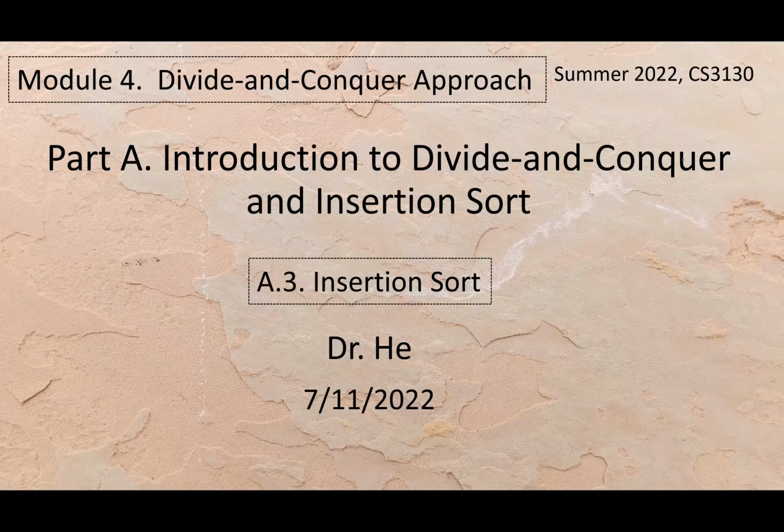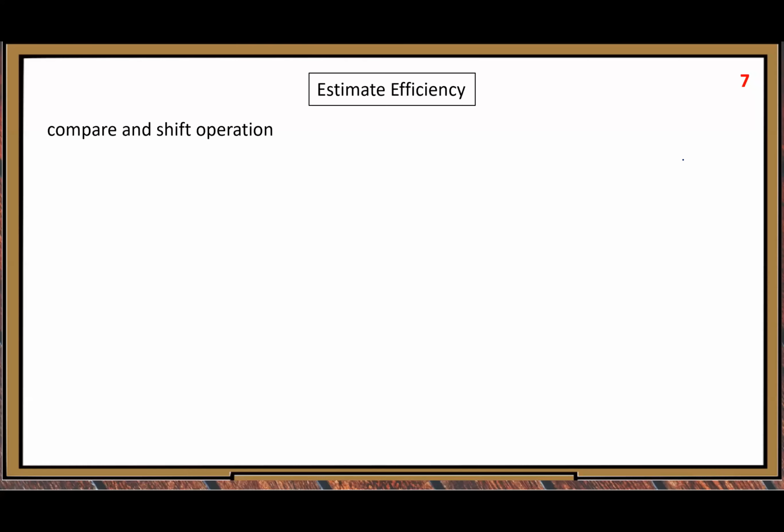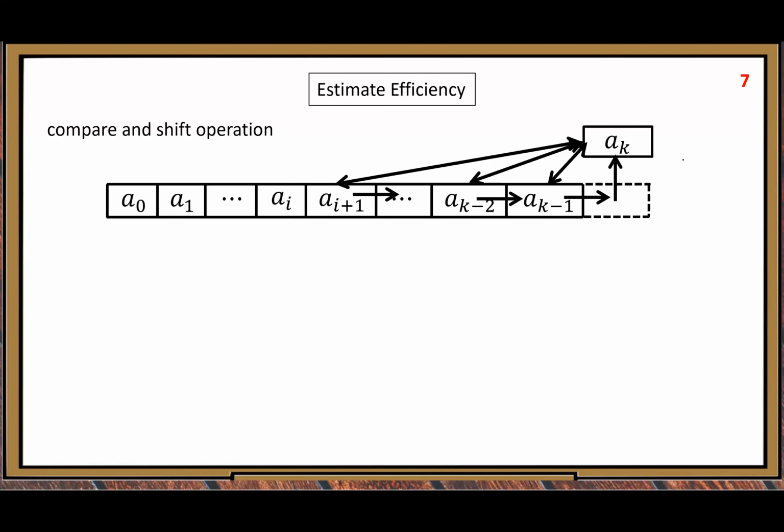All right. So now the last topic of part A, insertion sort. After we complete the insertion operation, now the whole sorting algorithm is there. The worst case efficiency, you need to do comparison and assignment, right?